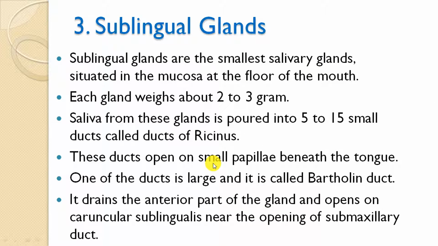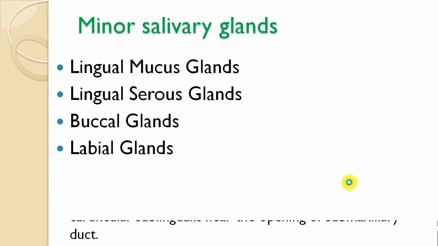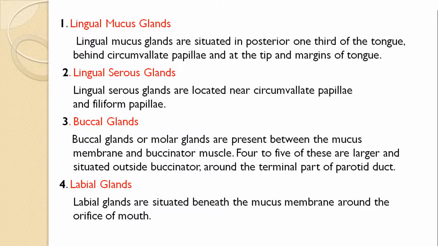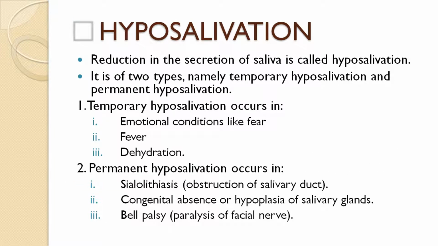The sublingual glands are the smallest glands, 2 to 3 grams, and have major and minor ducts, the major one being the Bartholin duct. The minor salivary glands are the lingual mucus, lingual serous, buccal, and labial glands. So these were the different types of salivary glands present in the human mouth.